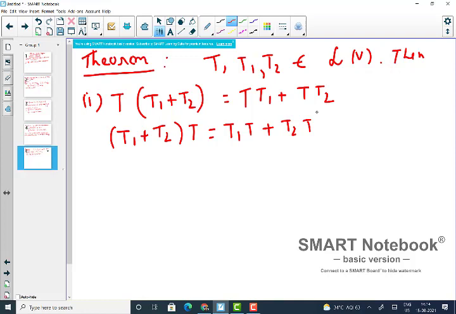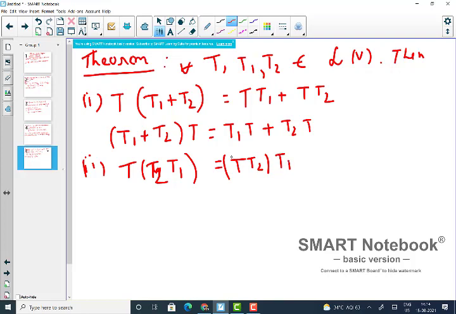This is for all T1, T2. So that means this composition is distributing over addition. Okay, this is the meaning. And it also satisfies the associative property, composing T2 and then T1.